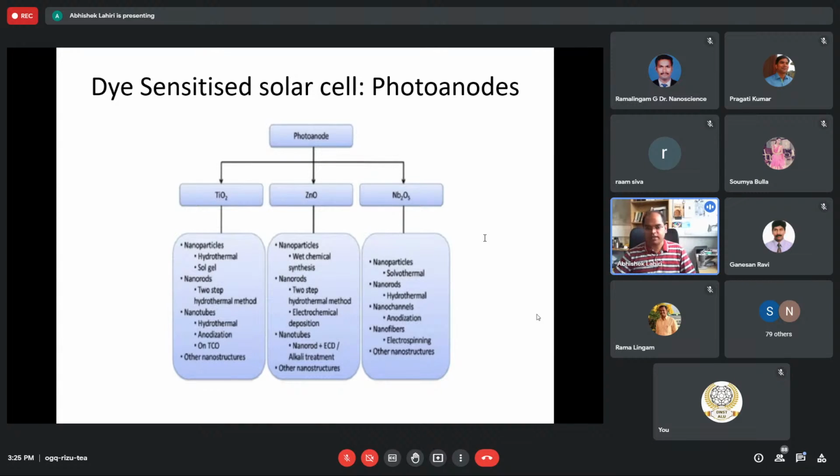So you produce nanoparticles, nanorods, nanochannels, and nanofibers. And then many research groups compared how the various morphologies affect the dye-sensitized solar cell. So we will take these three examples and see how different morphology is affecting the performance of the dye-sensitized solar cell.